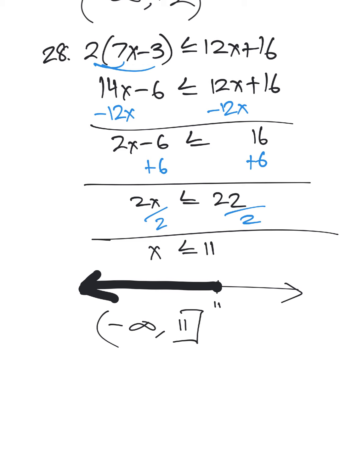How do we know if it goes left or right? As long as x is on the left side, you can totally use the direction arrow of the inequality.